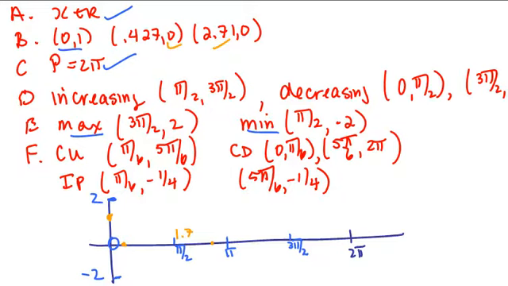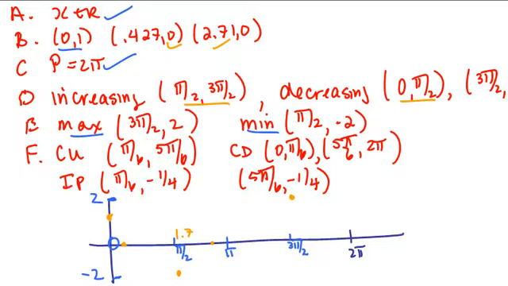We know it's increasing between pi over 2 and 3 pi over 2, and decreasing between 0 and pi, and we know the minimum happens at pi over 2 and -2, so there's the minimum, and the maximum happens at 3 pi over 2 and 2.